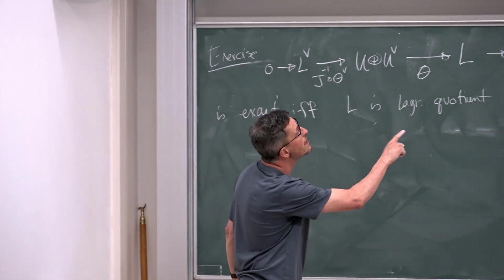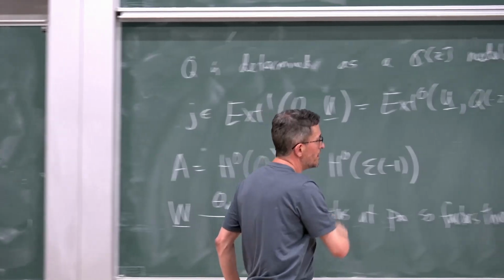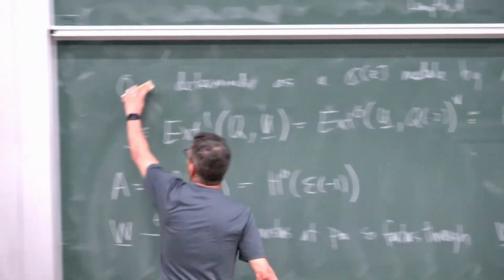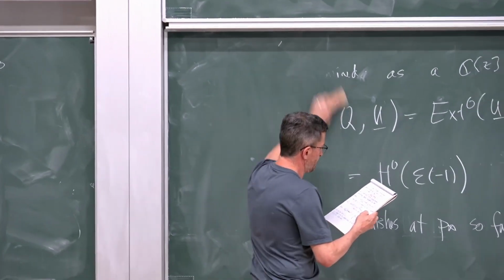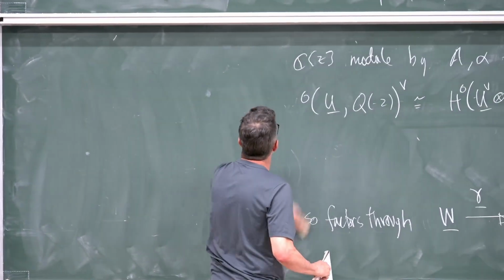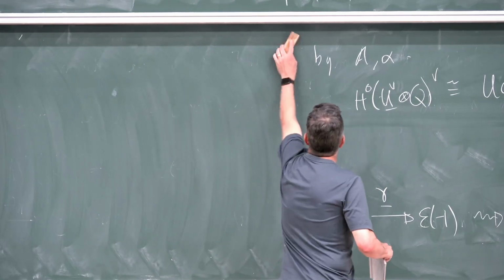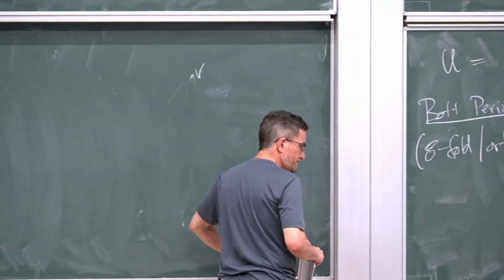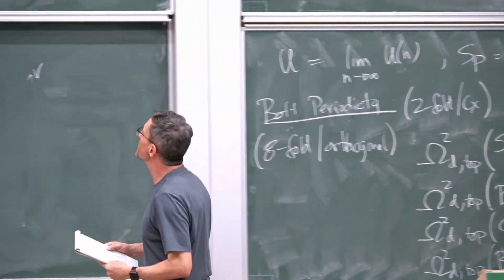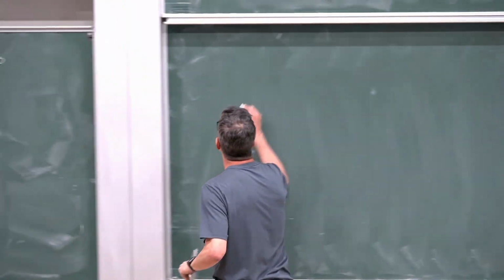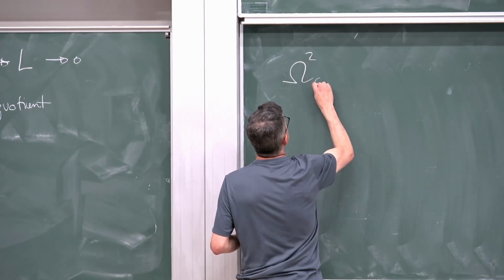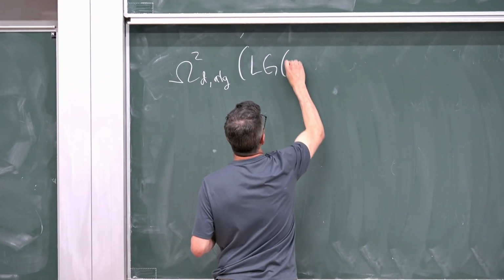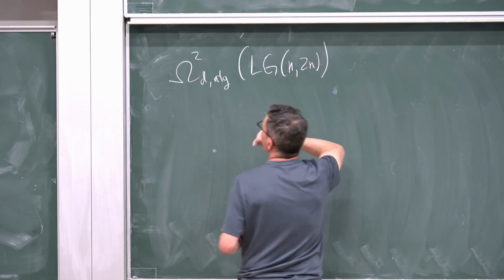Right, so this makes it very easy to write down the analog of this. So let's look at the algebraic loops now, the loops of LGr(n, 2n).